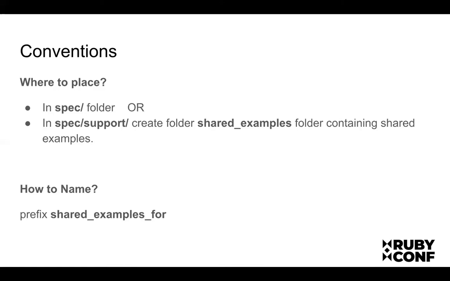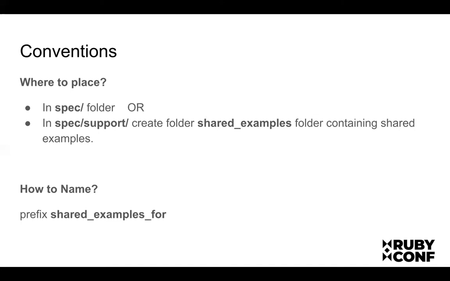But what I prefer is that these are something supporting, so they are treated as support attributes. So we should make another folder in the spec named support, and then create a subfolder in that where we can add shared examples.